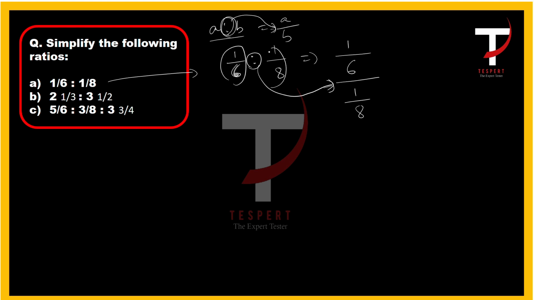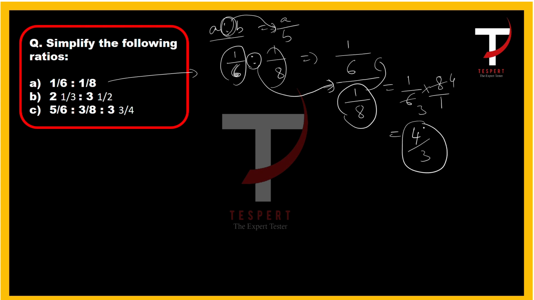So 1 by 6 by 1 by 8 is equal to 1 by 6 into 8 by 1, because the denominator will become the reciprocal of itself. So 1 by 8 becomes 8 by 1. So simplify this. The final simplified ratio is 4 is to 3.